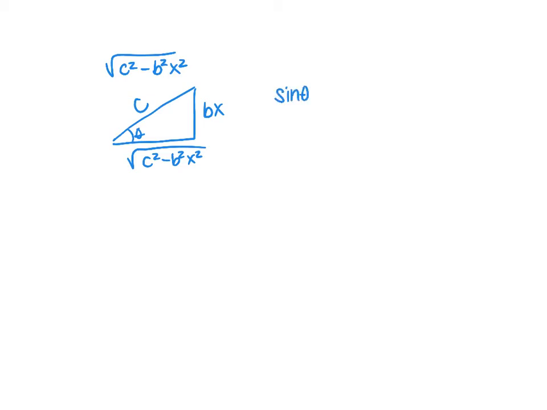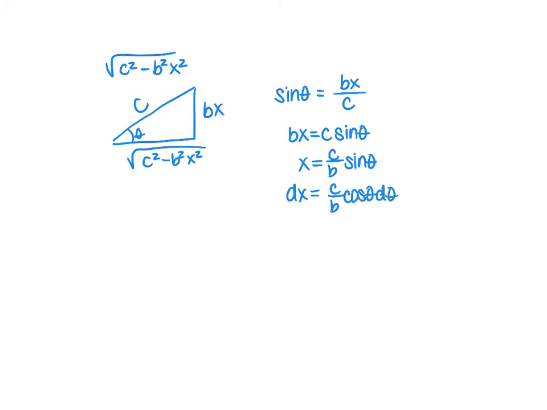The sine of theta is equal to bx over c. So bx is c sine theta, x is c over b sine theta, dx is equal to c over b cosine theta d theta. It doesn't actually change anything for the radical in terms of how it's expressed. The radical can still be expressed in terms of the cosine.